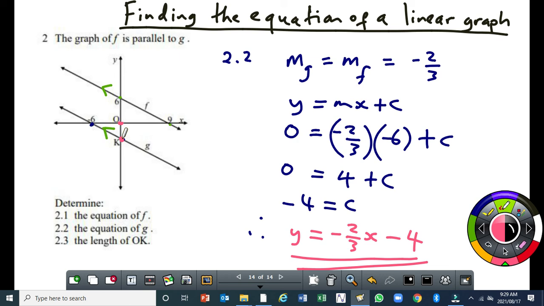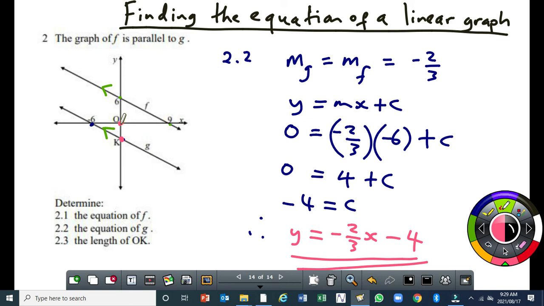Distance is never negative. But the good thing is, there is a formula that you can use to calculate it. You can't visualize it, okay? But common sense must tell you if at this point here y is 0, and at this point y is minus 4, what is the distance?